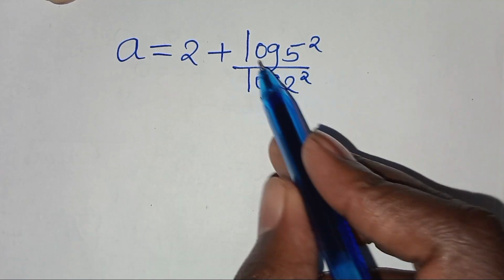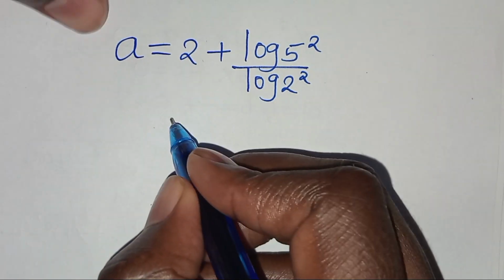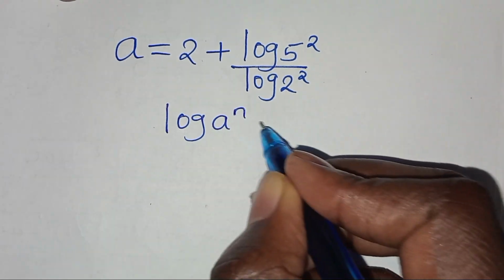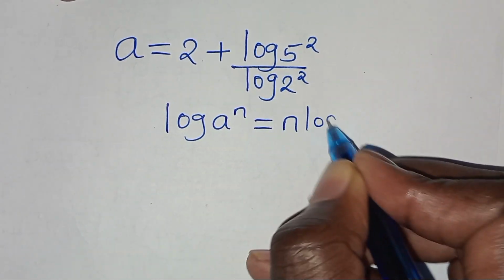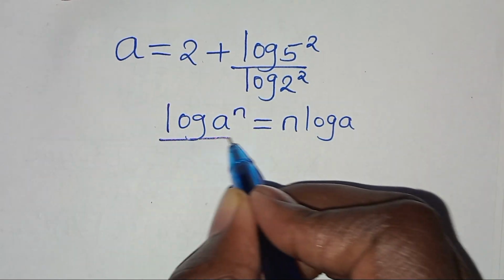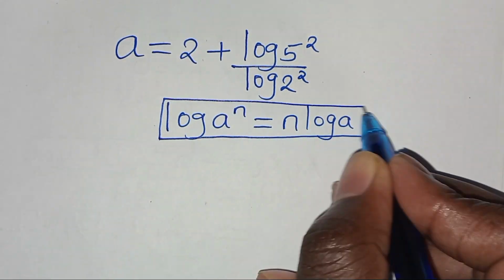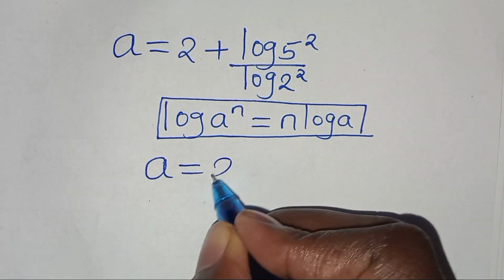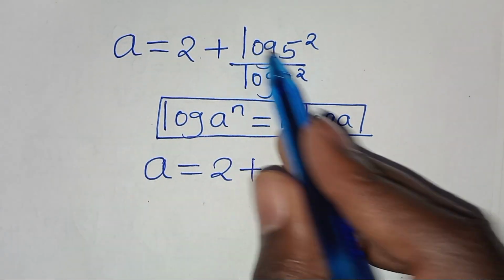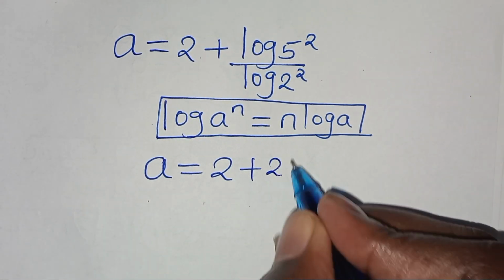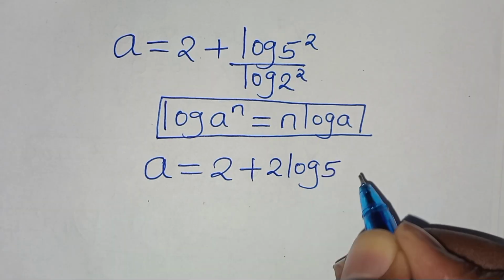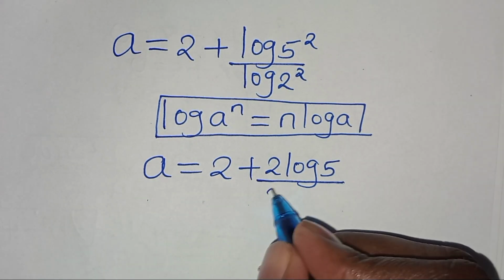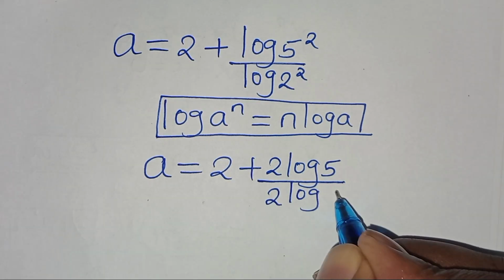Now log 5 to power 2, by applying the power rule property, that is log a to power n, can be expressed as n log a. Let's again apply this property so that now a will be equal to 2 plus log 5 to power 2 becomes 2 log 5 divided by log 2 to power 2, which we can express as 2 log 2.